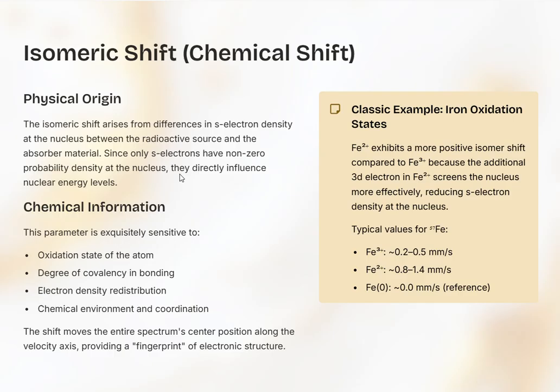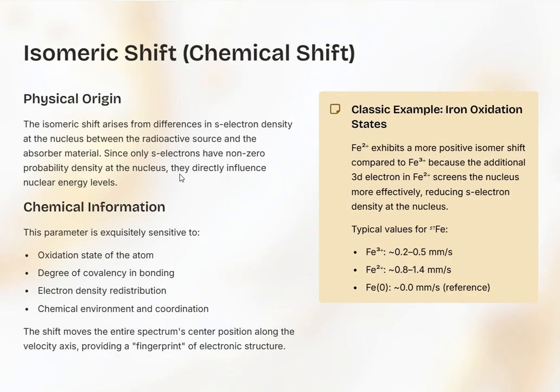Many questions regarding this topic are asked. But in case of tin and other Mossbauer active nuclei, as s electron density increases, chemical shift also increases. This is the one point you should note.